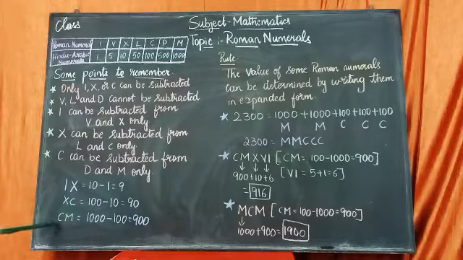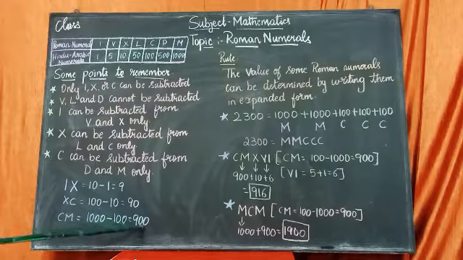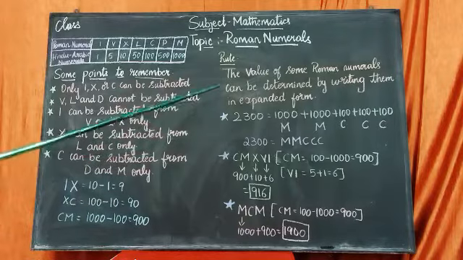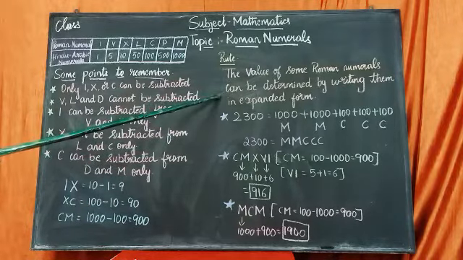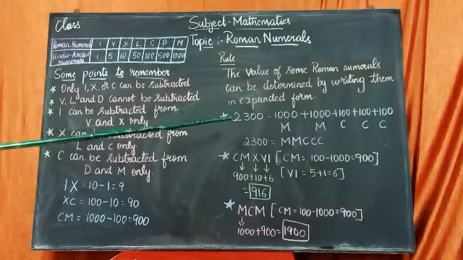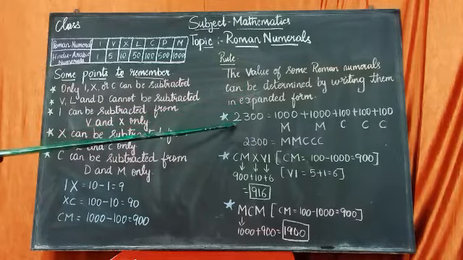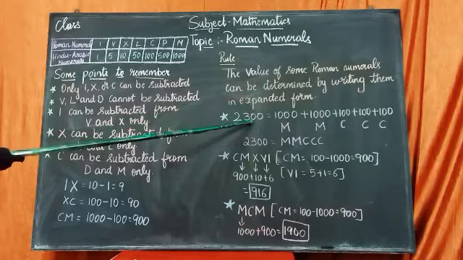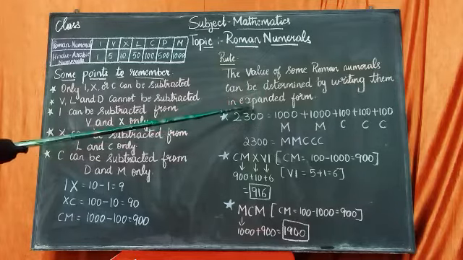Here it is CM. We are subtracting again here. So here 1000 minus 100 gives us 900. There is one more rule there. The value of some Roman numerals can be determined by writing them in expanded form. I'll take one example here. 2300. So it can be written in expanded form.